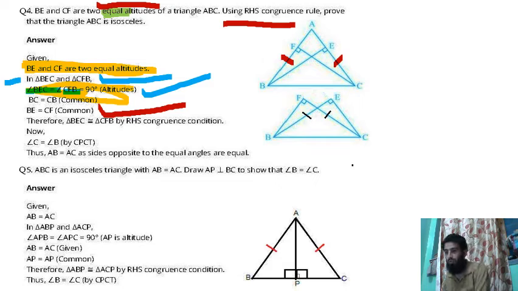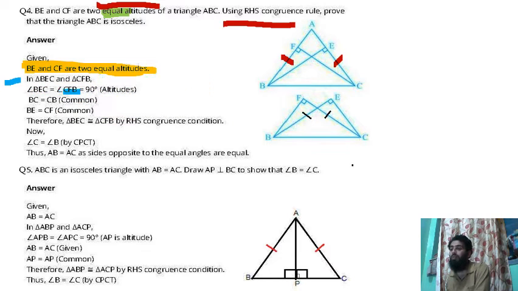It is incorrect here, it should be given. It is not common, it is given here. So that means the two triangles are congruent by which condition? You can see that we have 90 degrees, we have the side BC, which is actually the side opposite to the 90 degrees, which is actually the hypotenuse, because the side opposite to 90 degrees is the hypotenuse.